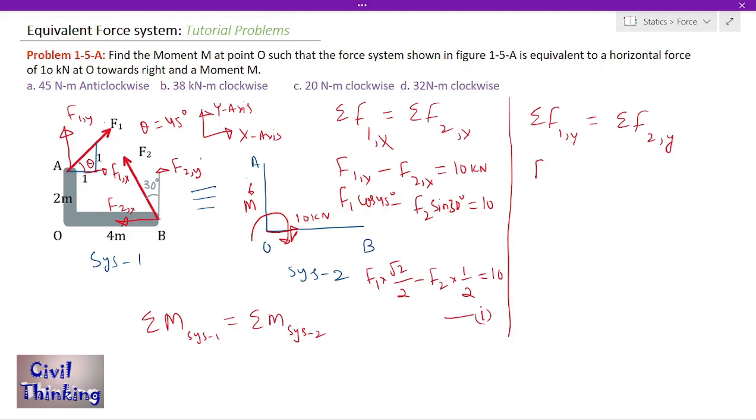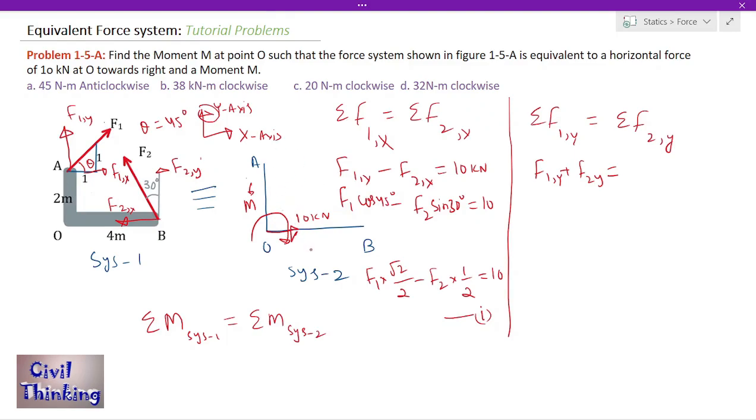Let me first write f1y. They are both upwards along this direction, so they are both positive, okay. f1y plus f2y is equal to, now I have found the summation of all the forces in y direction in system 1. It is equal to summation of all the forces in system 2 along y direction.